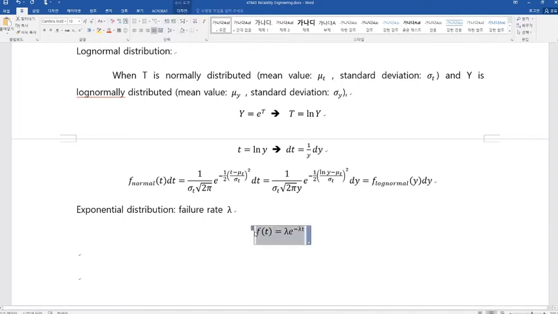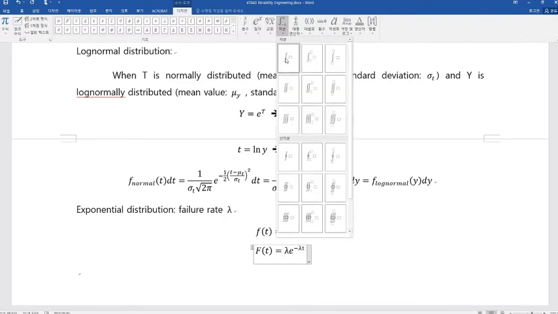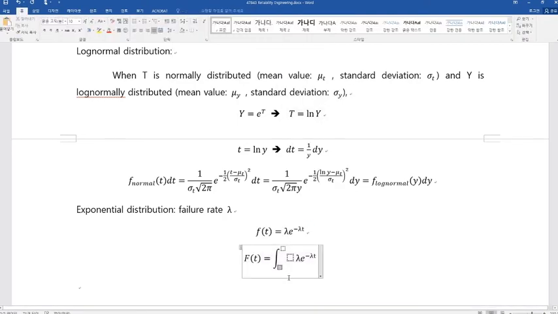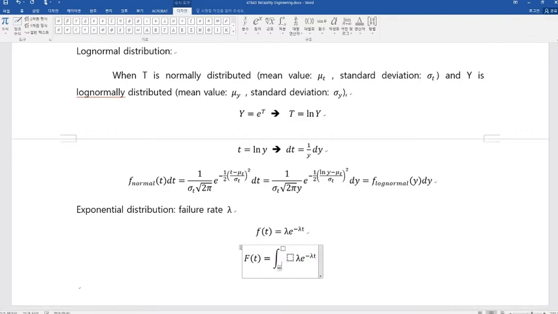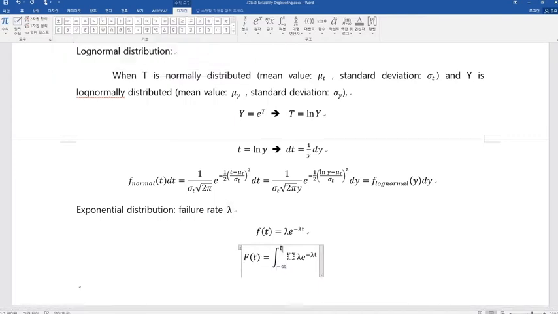Then what about the cumulative distribution function? The cumulative distribution function will be the integration usually from minus infinity to time t of f(t) dt.